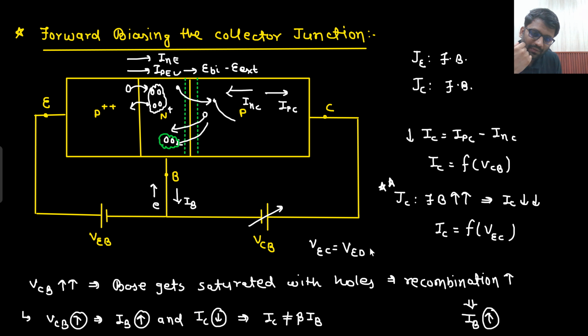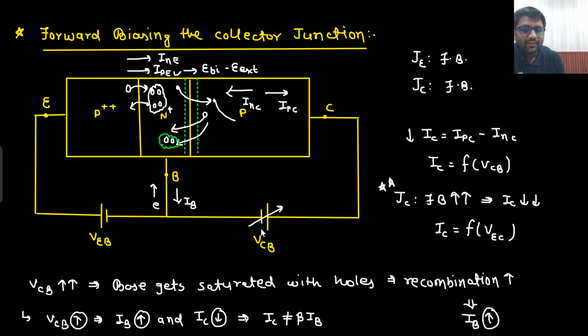VEC is nothing but VEB minus this one you are calling VCB. Let's not get confused with the notations. Simply, if you are changing this one, that means the potential between emitter and collector is also getting changed. This is fixed. If you are changing this potential, that means the potential between emitter and collector is also changed. Very obvious, very simple, very straightforward. Nothing confusing there. So yes or no?